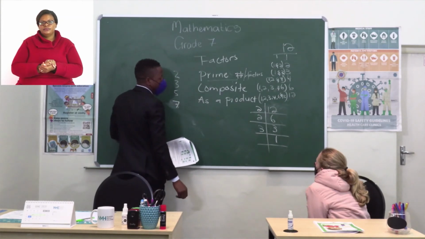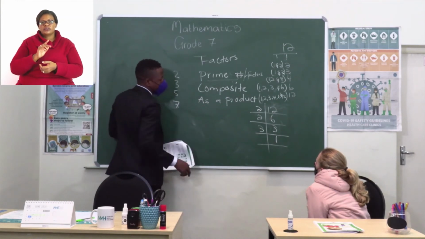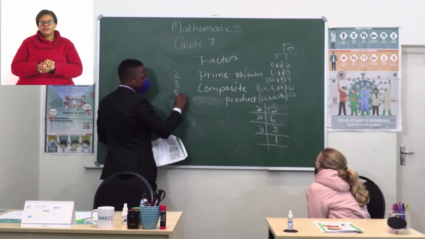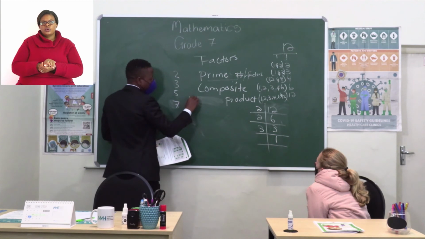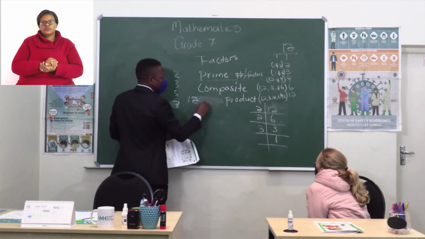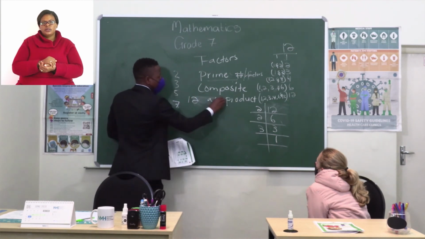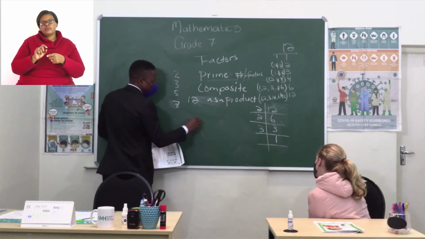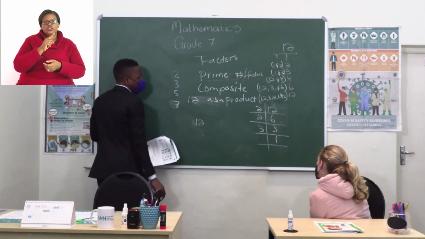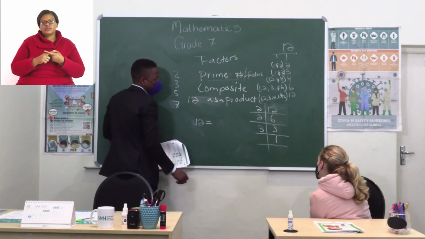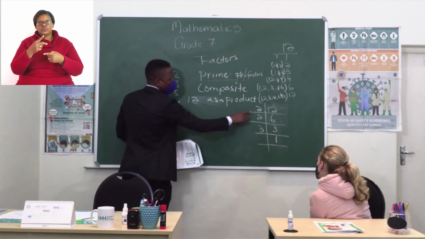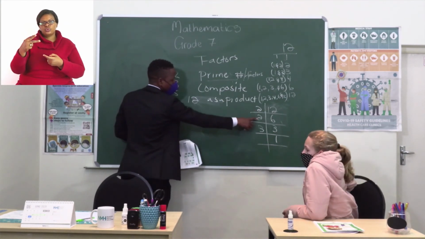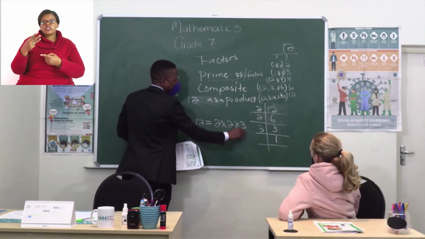Now to answer the question, write 12 as a product of its prime factors. We write it 12 equals 2, which is this, times 2, that times 3.